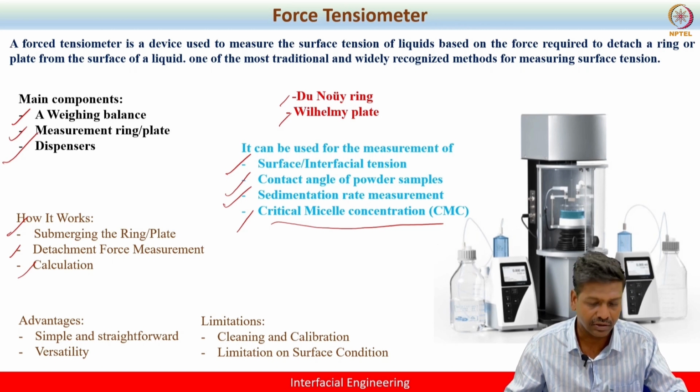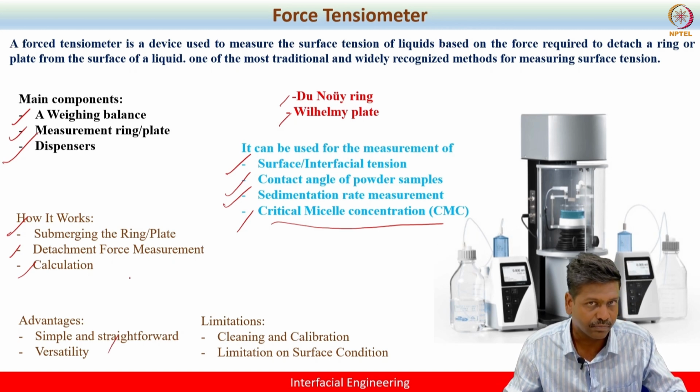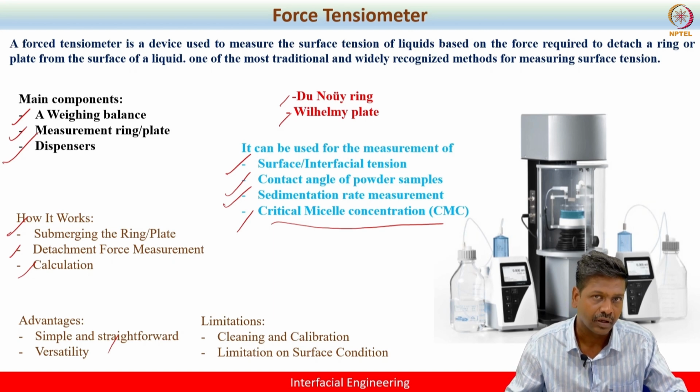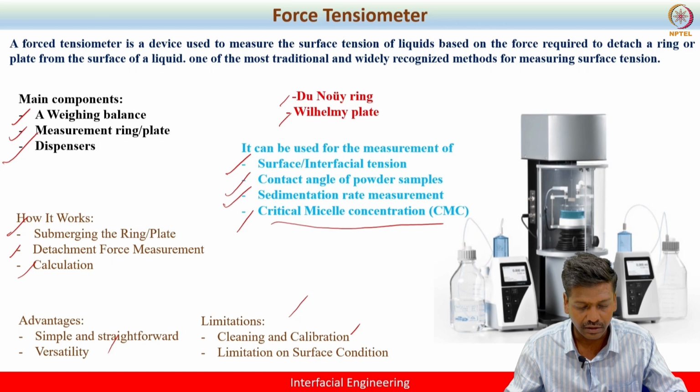Whereas in the force tensiometer, the technique is simple and straightforward because it is based on force balance. The measurement that we get is quite accurate. But there are some limitations. You have to be wary of cleaning and calibration always. That is the key.